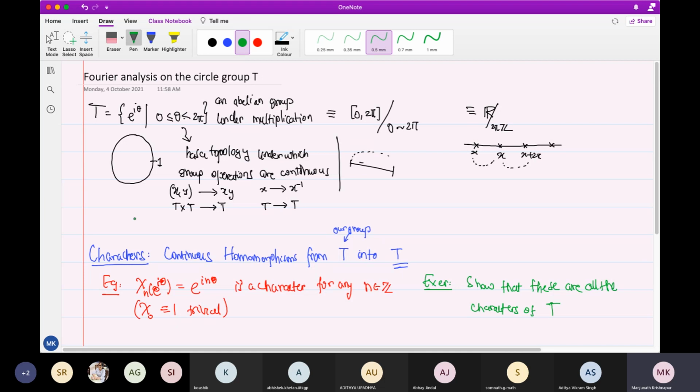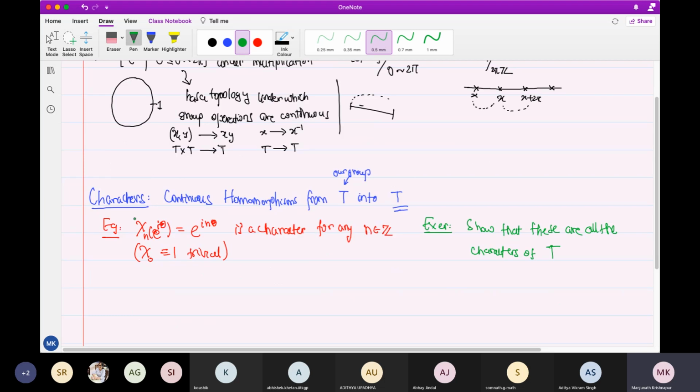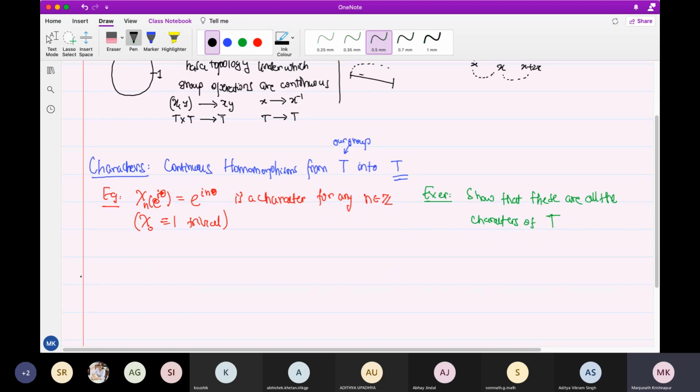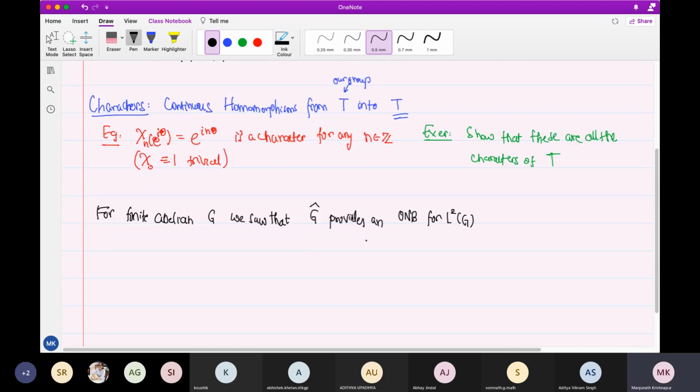We considered all the characters and they formed a basis for L2 of G. In the finite group case, for a finite abelian group, we saw that G hat provides an orthonormal basis for L2 of G.